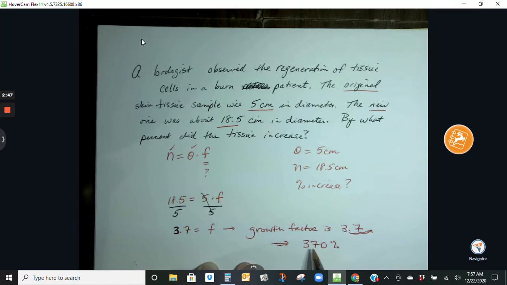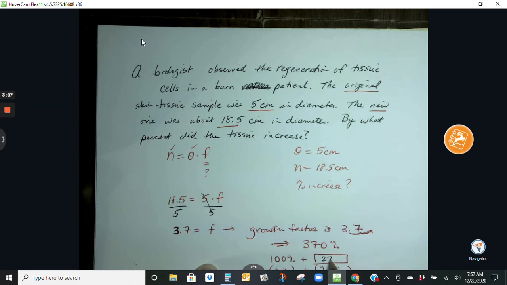And remember that growth factors are 100%, which is the original, plus the percent increase. So 100% plus what gives me 370%? Well, that's 270%.